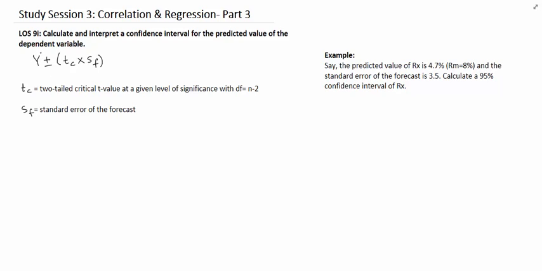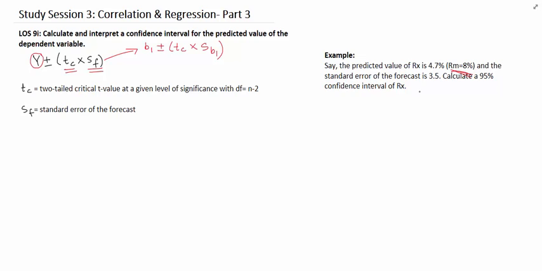Since we are doing it for the predicted value, you have the predicted value plus minus the critical t value for a given level of significance and the standard error of the forecast, which is Sf. Just to put this in context, in the case of the regression coefficient, we had b1 plus minus critical value of t into the standard error of b1. So they are very similar, just in place of b1, you are replacing the predicted value.